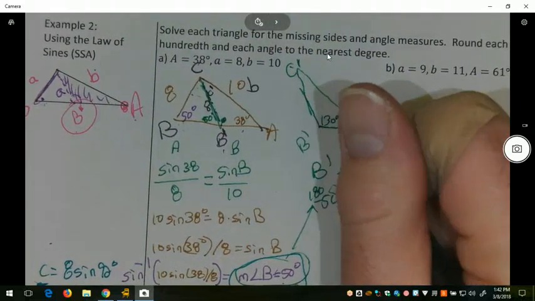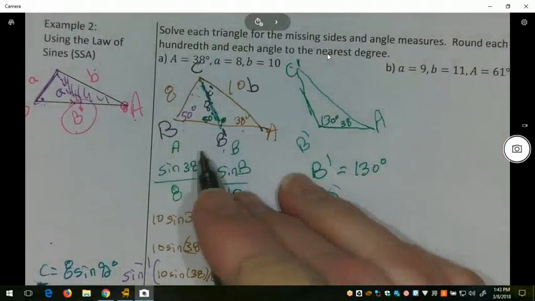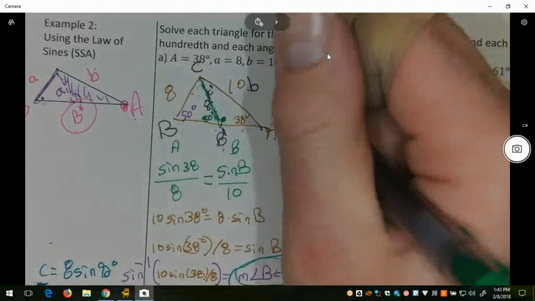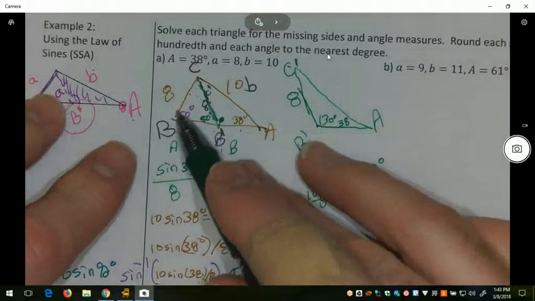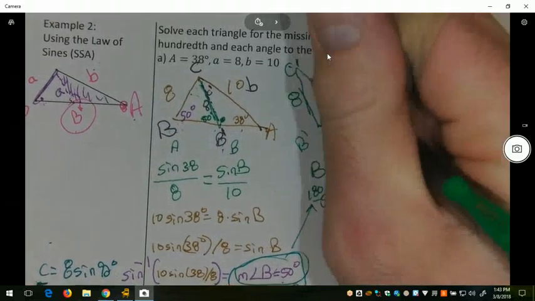So we already know B prime is 130 degrees. We know A is still 38. This side, B prime C prime, is 8, just like BC was. There's the isosceles triangle.